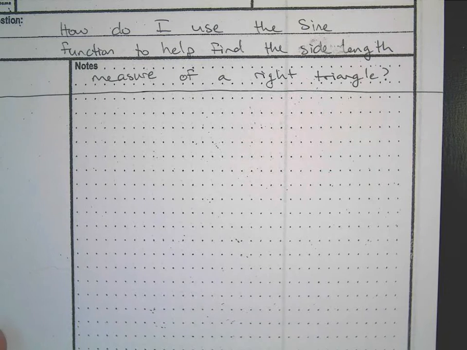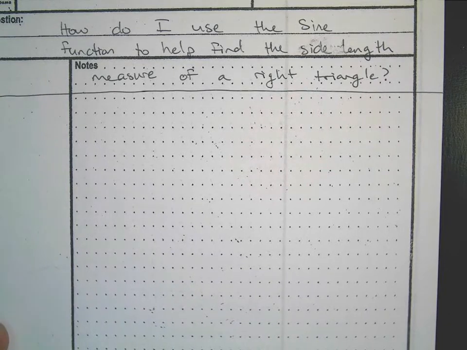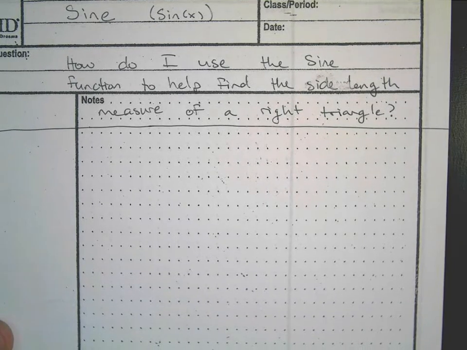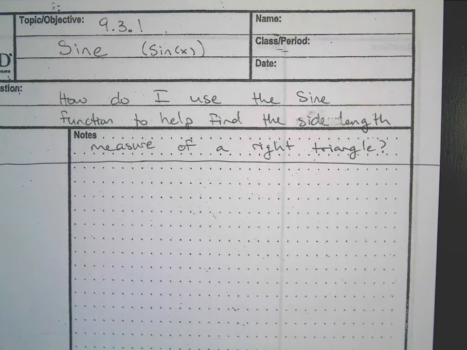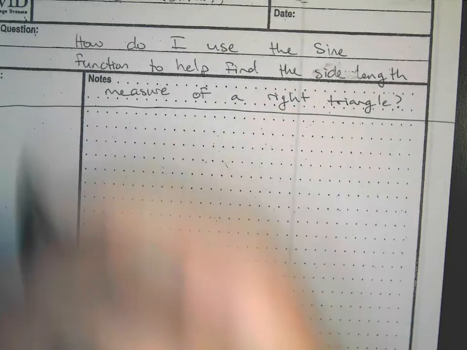So we're going to be focusing on right triangles, and we're going to be using the sine idea to help us find side length measures. The important thing that we need to really get down, and one of the main reasons why I'm splitting this first trigonometry section into two, is really understanding the triangle and how it's going to work for us.